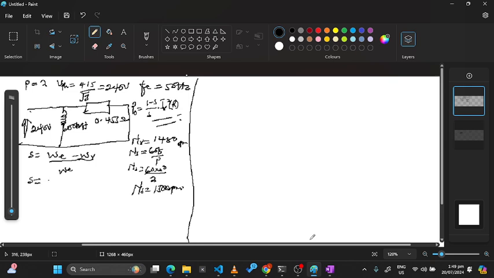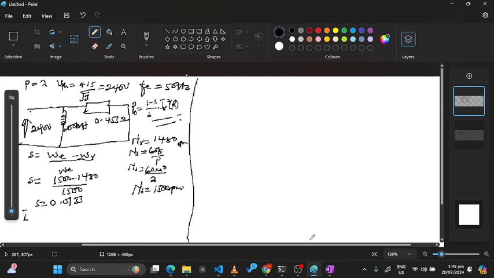I will just do NS minus NR, all divided by NS. So this is going to give me 1500 minus 1480, all divided by 1500, which will give you 0.0133. Slip has no unit. Then I can find my power. But to find the power, I need what? The rotor current.